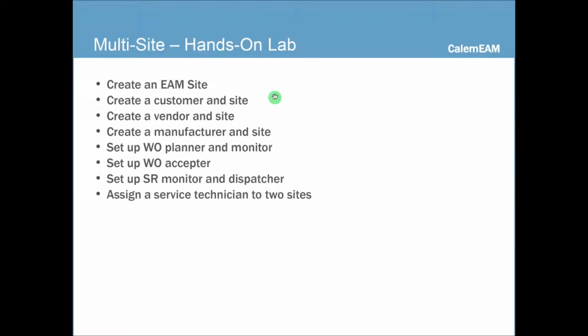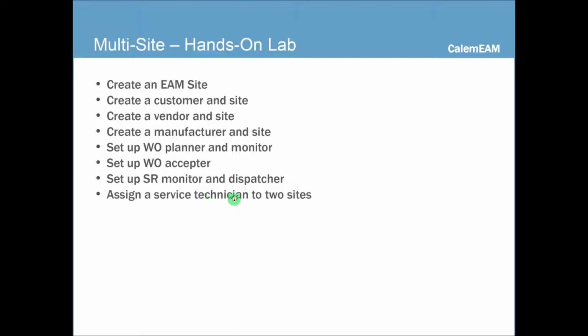So let's look at the hands-on lab. For the multi-site, we'd like you to create an EAM site, create a customer and a site, a vendor and a site, a manufacturer and a site, then set up what is called a monitor and a planner, an acceptor, and an SR monitor and a dispatcher.